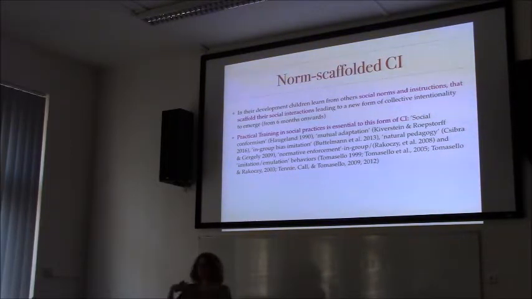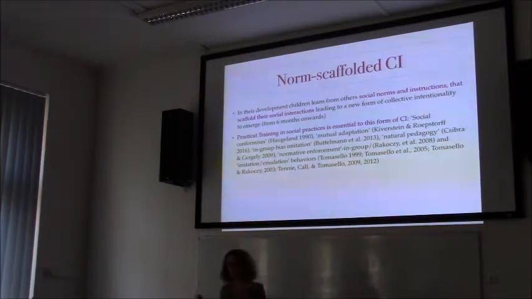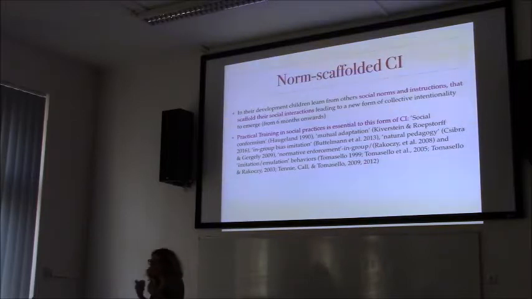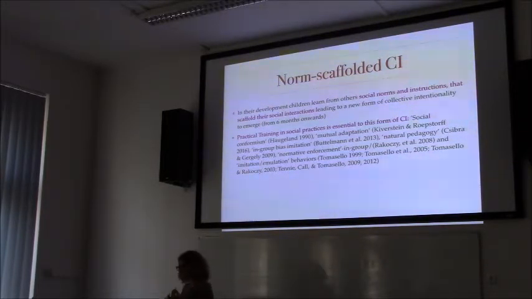And different researchers have used different terms and concepts to describe what these capacities are that allow us to get into this training with others. Some talk about social conformism, others mutual adaptation, input bias, imitation, and natural pedagogy, for others, normative enforcement of in-group activities, and so on and so forth.